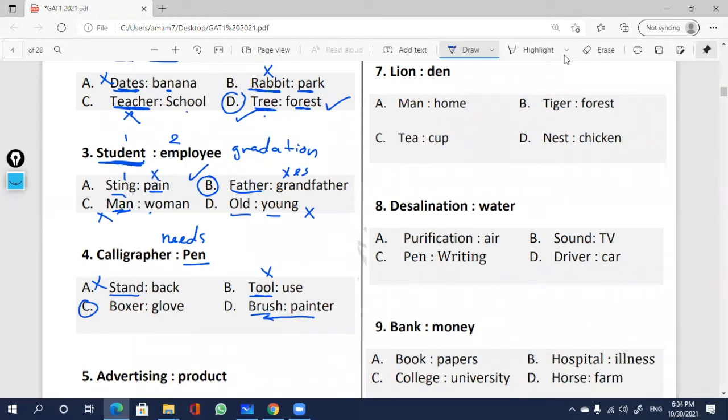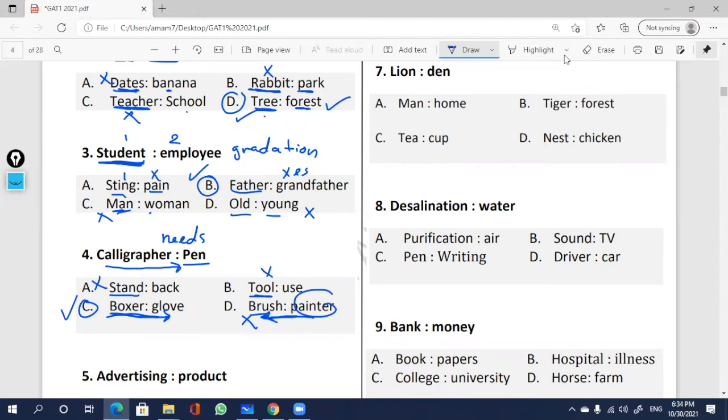So this is a different direction, whereas here a calligrapher needs a pen, a boxer needs gloves. So the correct answer is C.